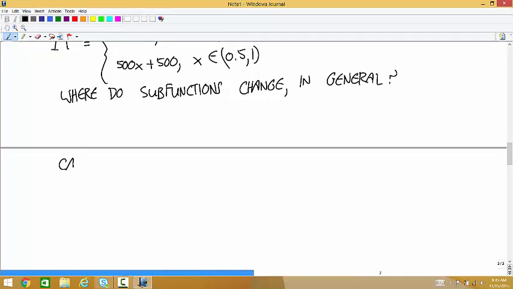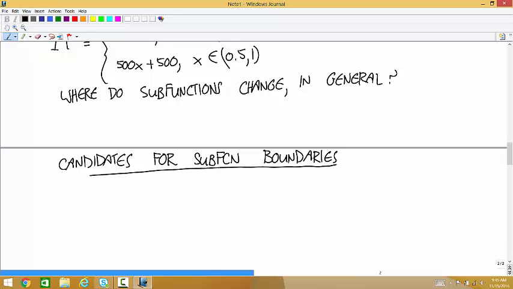So here are the candidates for subfunction boundaries. First are the end points of the beam.